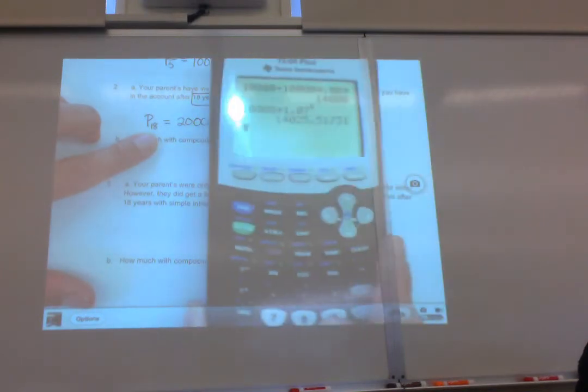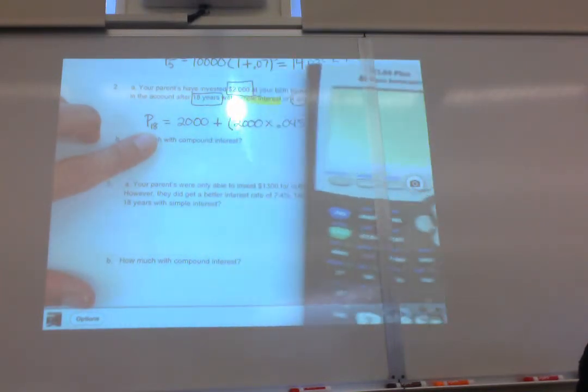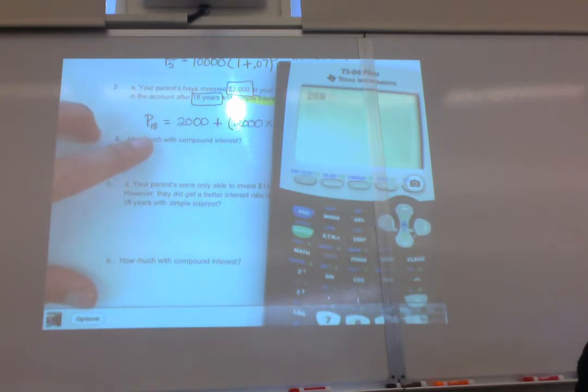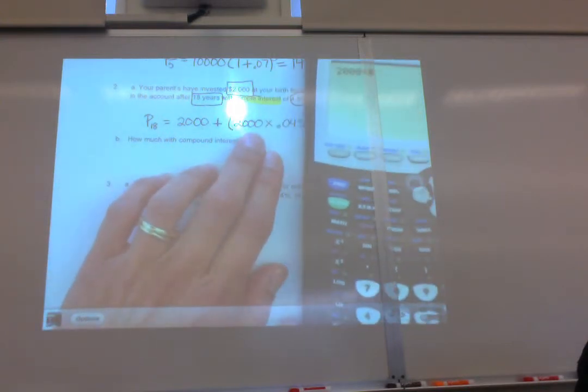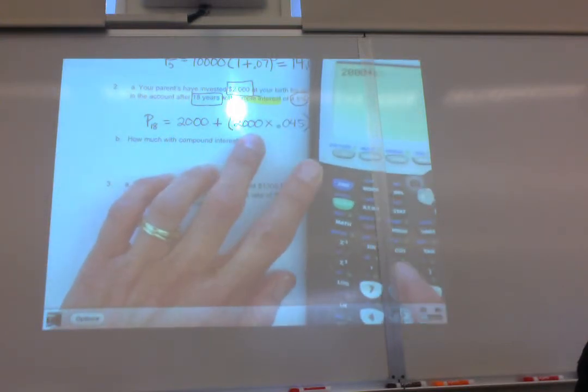How to do it in your calculator, I'm going to clear everything out. 2,000 plus is what I'd put. I'm going to do parentheses, 2,000 times 0.045, end my parentheses, times 18.